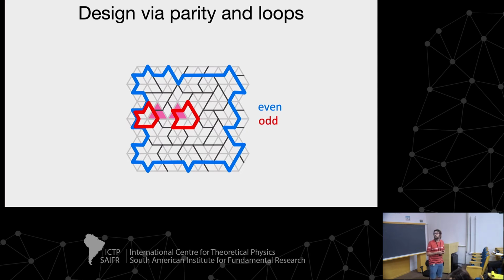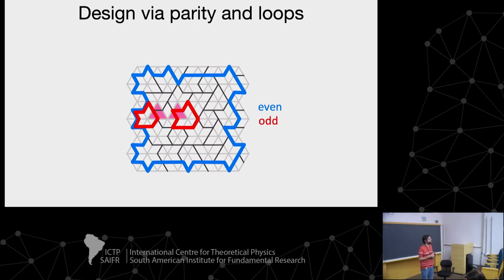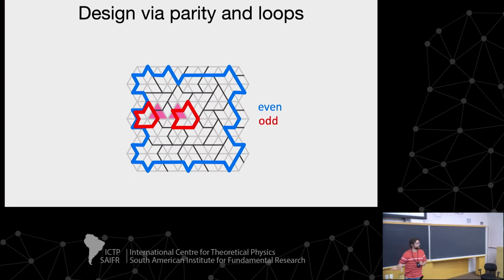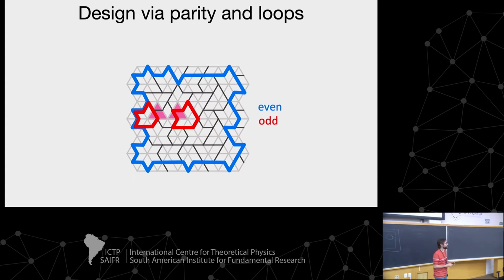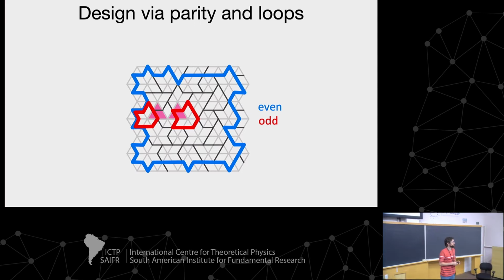No, but I think it's a computationally cheap operation to check the parity of loops. I don't think you have a better way. And that's typically how you check for a topological defect in general: you make loops, and you see whether your order parameter, which in that case would be the parity, changes.